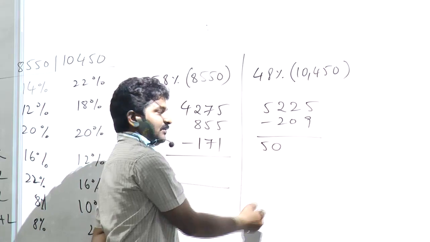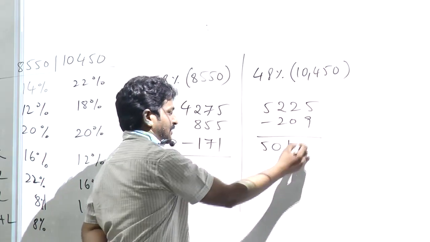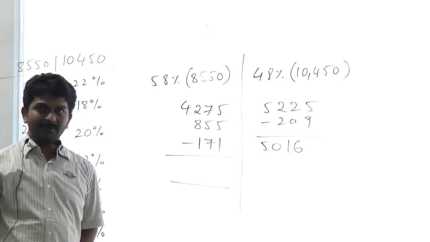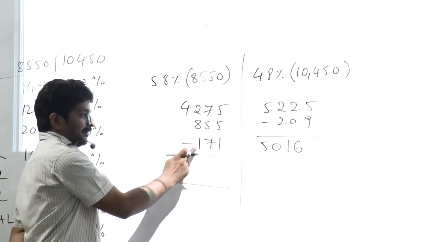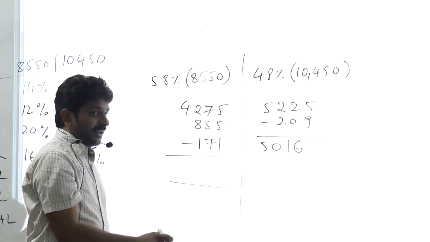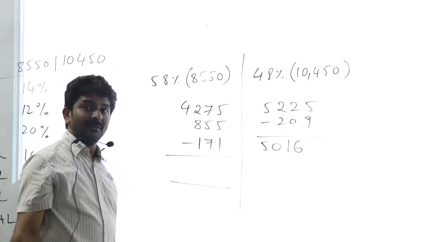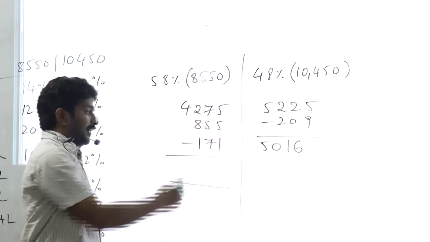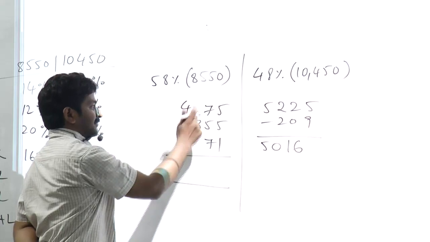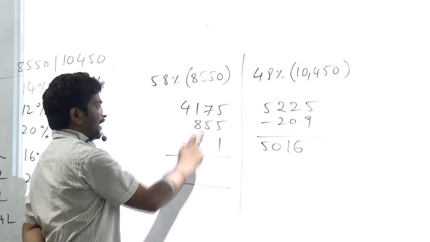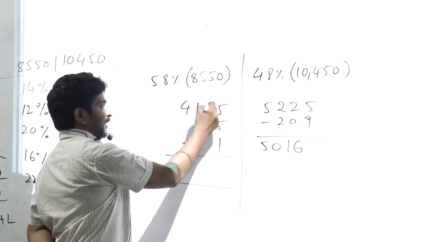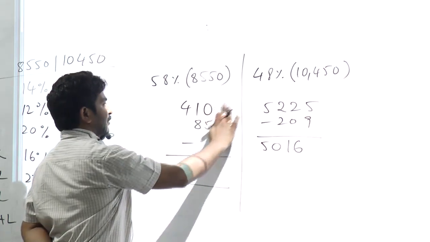I have 5,000. 25 minus 9, 16. One number is over. This one. How much do you need to subtract? 171. 275 minus 171. 104. 100 subtracted. 70 subtracted. And then 5 minus 1, 4.